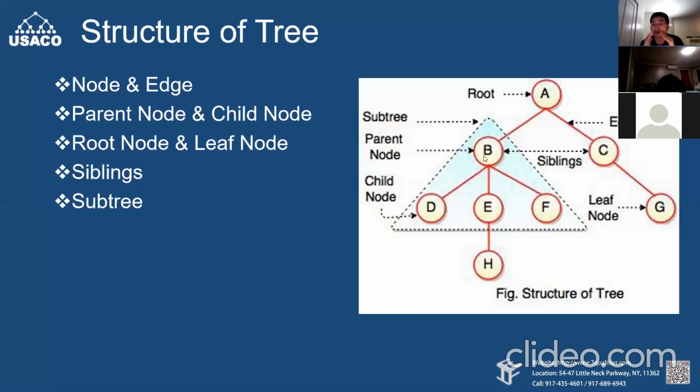In the context of this subtree, B is the root node and also the parent node of its child nodes D, E, F. So that's a relative term. Parent node is a term related to its own child node, and child node is a relative term to its parent node.